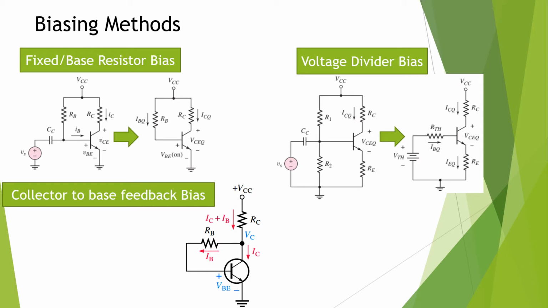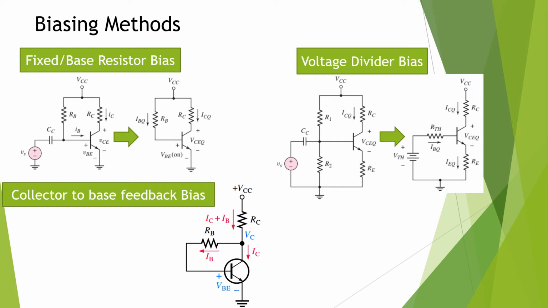So this is the analysis only with the DC signal. In this, we have to find out the base current, the collector current, and VCEQ. As we all know, the Q point is nothing but the collector current as well as VCE, that is ICQ as well as VCEQ. These two are the Q point, right? So we have to find out the Q point values for each and every circuit.